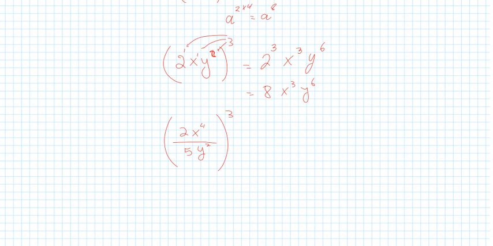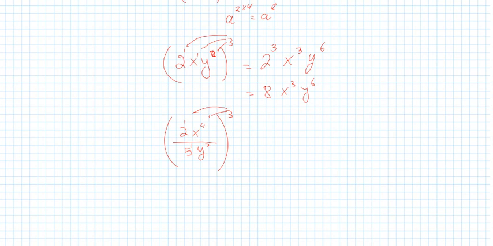okay, that cube has to be distributed to everything inside that bracket because I have a division and multiplication here, okay? That has to be multiplied in. So anything that doesn't have an exponent, I'm gonna put an exponent 1 on top of it. And then I'm gonna multiply my 3 to each exponent inside the bracket.